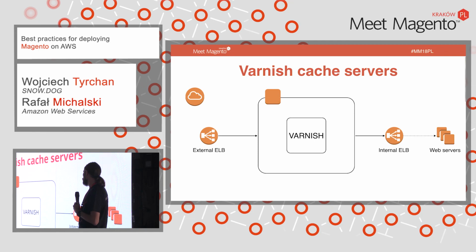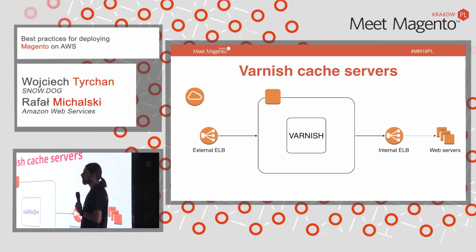And Varnish can do the load balancing. Okay, so it could ask the DNS about the load balancer's current local private IP. But there is one problem.